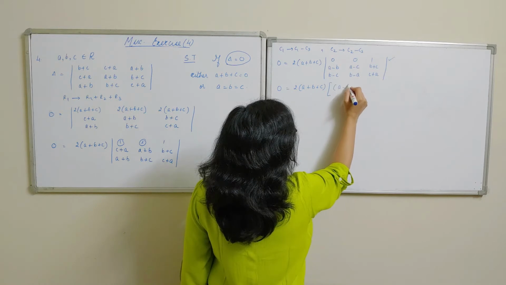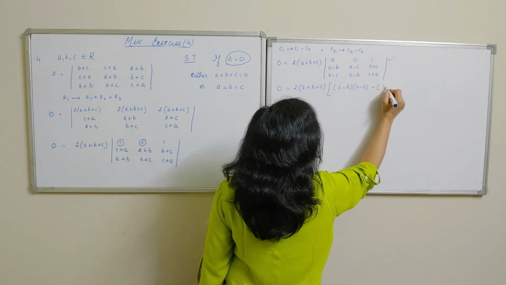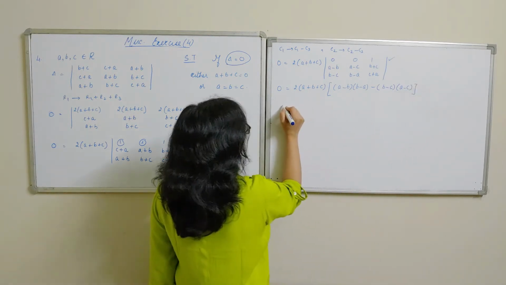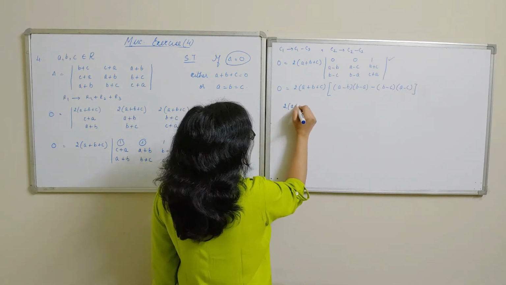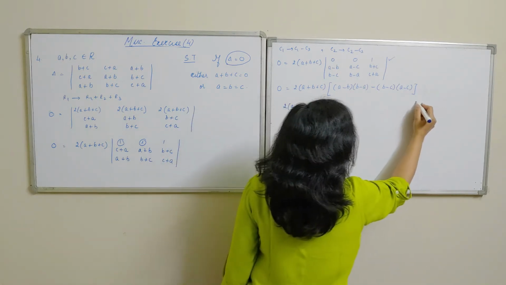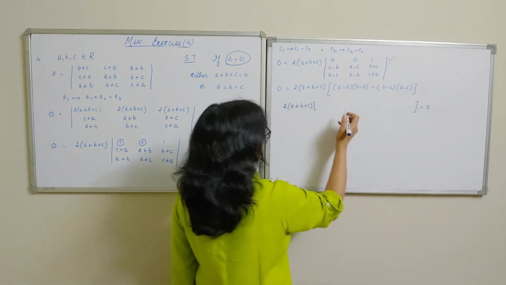We get (A minus B) into (B minus A) minus (B minus C) into (A minus C). So now I will write down something here which is equal to 0, because we usually are in a habit of writing 0 on the right hand side.